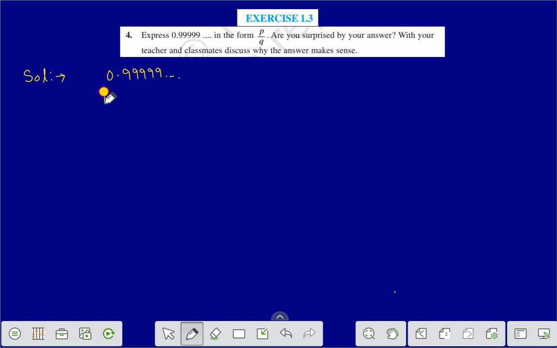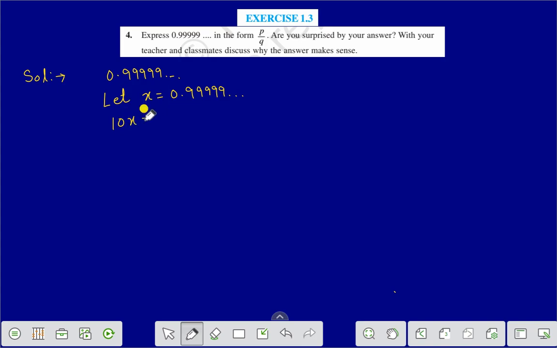Let x be equal to 0.99999. If I multiply both sides by 10, then we get 10x.